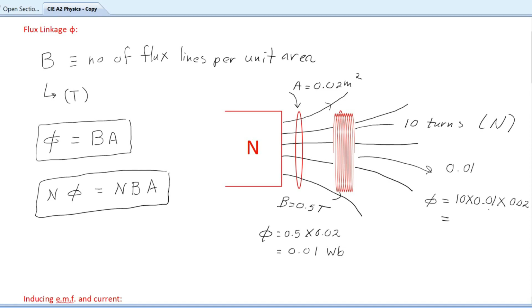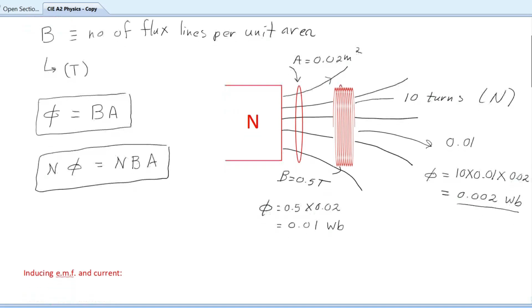So 10 multiplied by 0.01 is 0.1, and you get 0.002 Weber. That's how you calculate the flux linkage or the number of lines in a certain area or in a certain coil, the number of lines that are passing through a coil.